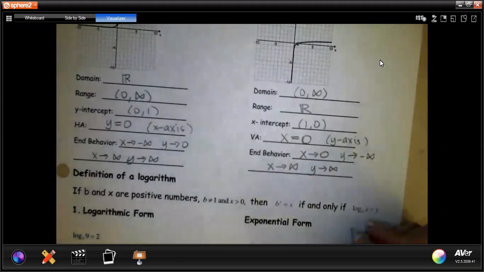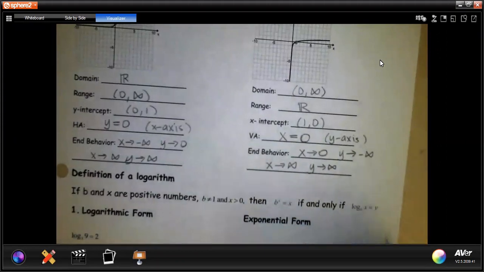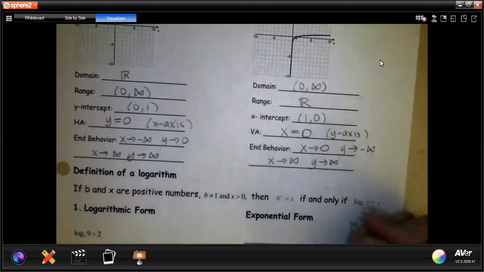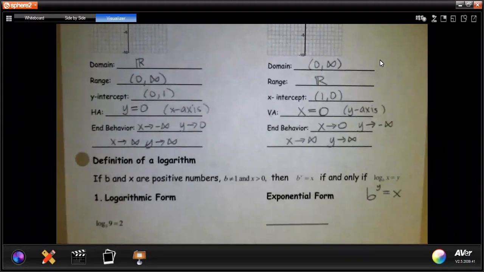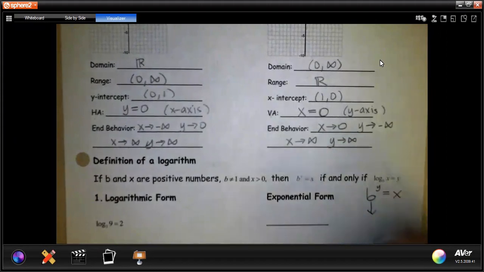And so we've got, and that's when we put these in kind of right on top of each other. So I've got b to the y equals x. If I've got an exponential that looks like that, I can convert this to a log. The base on the exponential is going to be the base on the log.